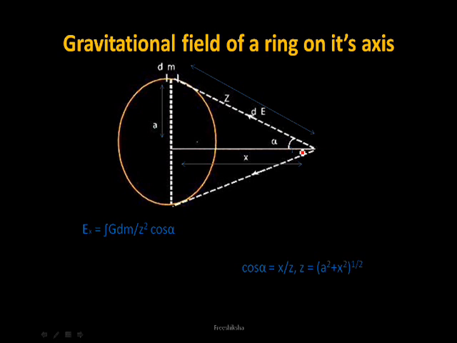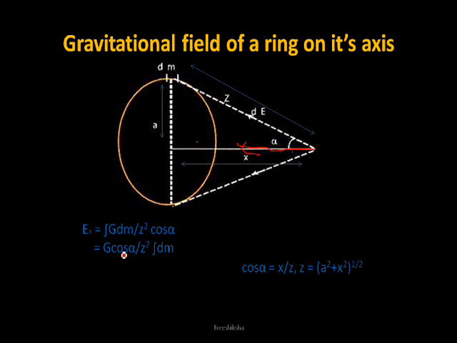So we know Ex, the field in this direction, in the direction of the center of this ring. So Ex will be the integration of G dm upon z square cos theta.